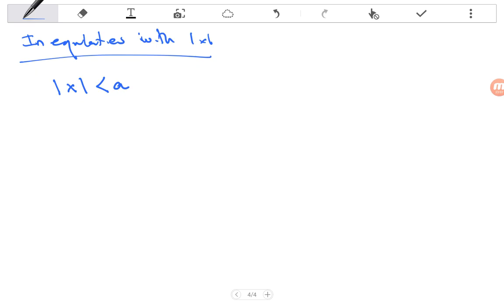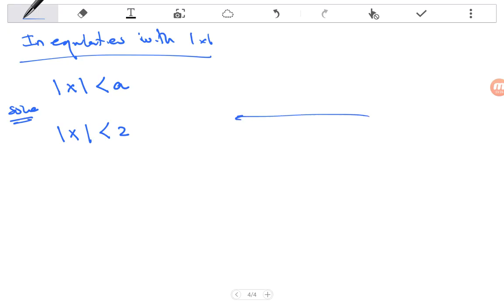Now, I want to solve this inequality. What is meant by solving an inequality is to find all values of x which satisfy it. For example, I need to find all the x's that have an absolute value less than 2.